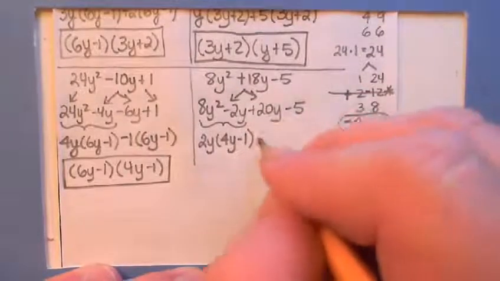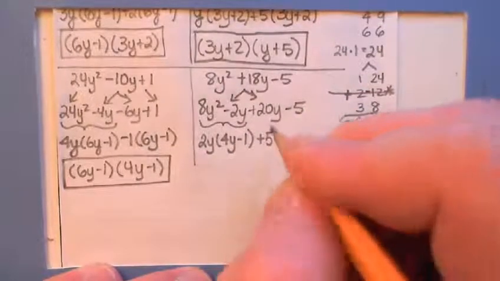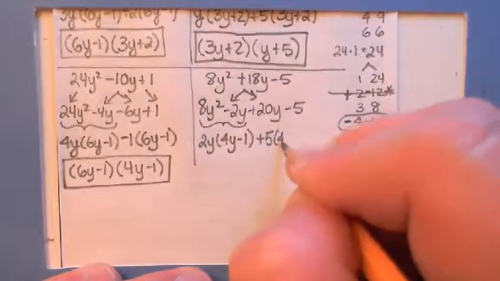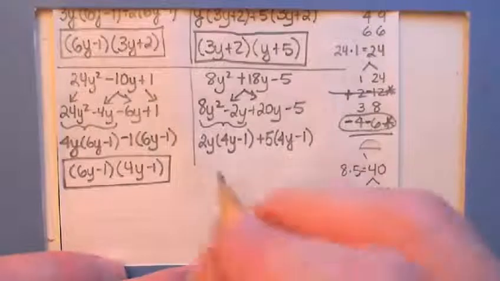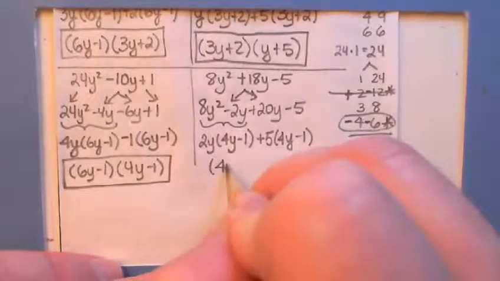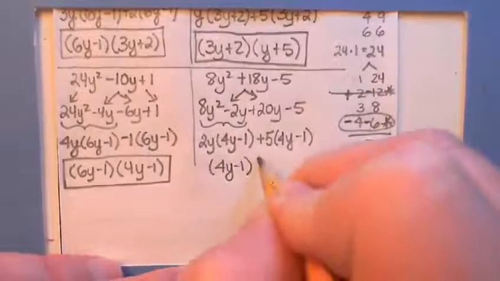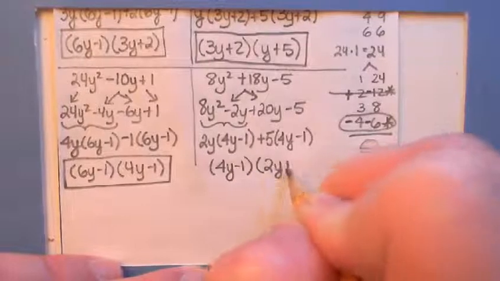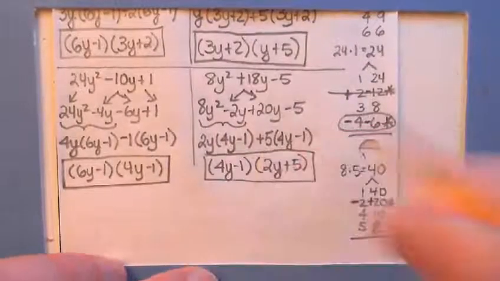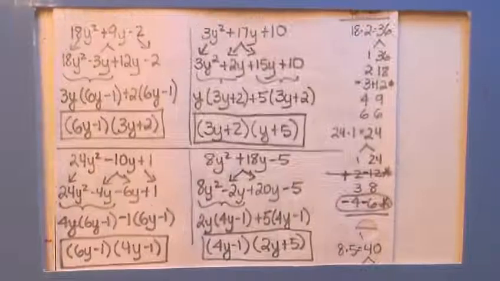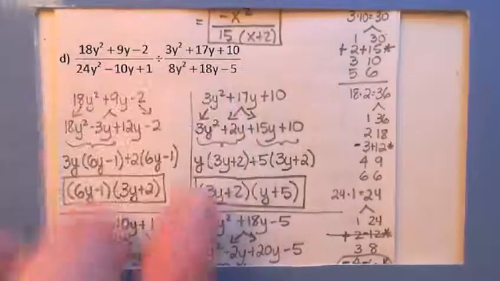And what can I factor from the last two? I can factor out a 5. So this would be 4y minus 1. And what do they have in common? 4y minus 1. And what's left? 2y plus 5.